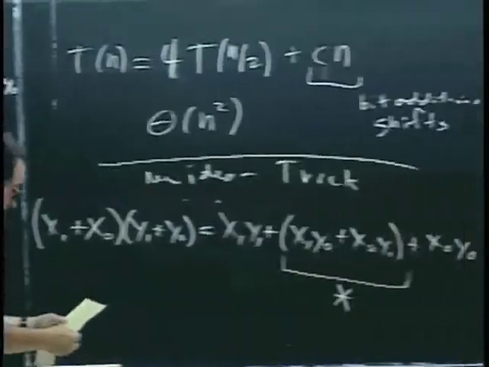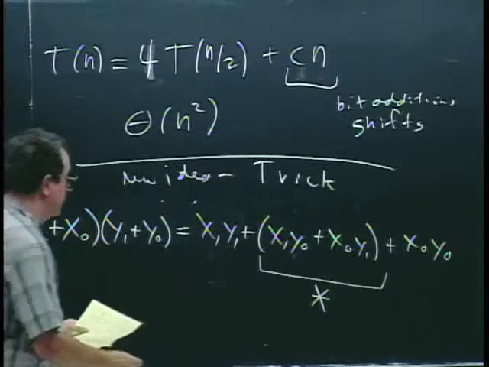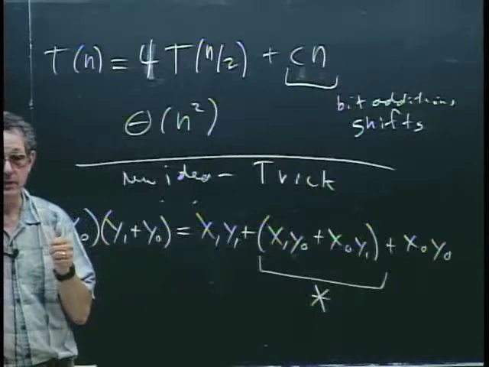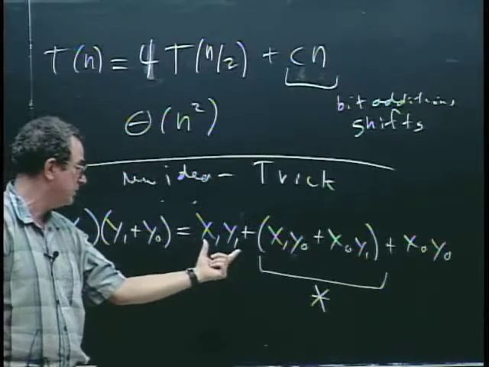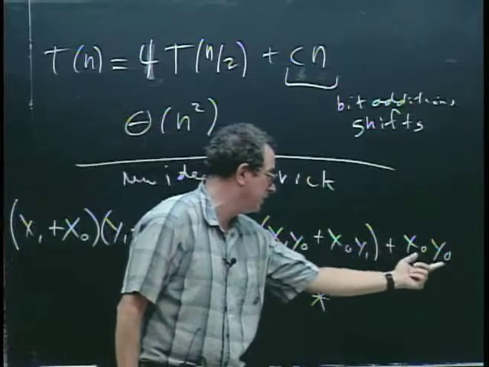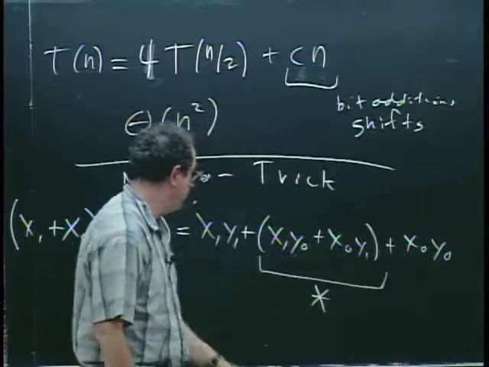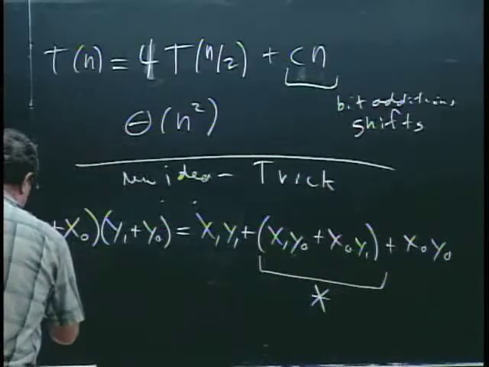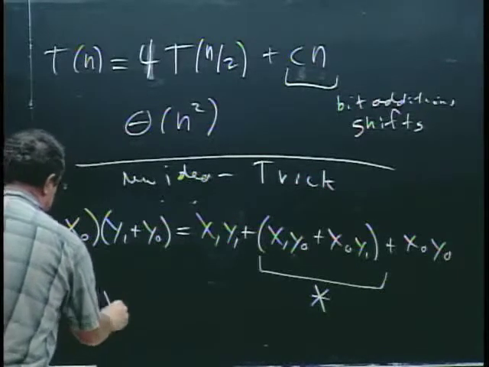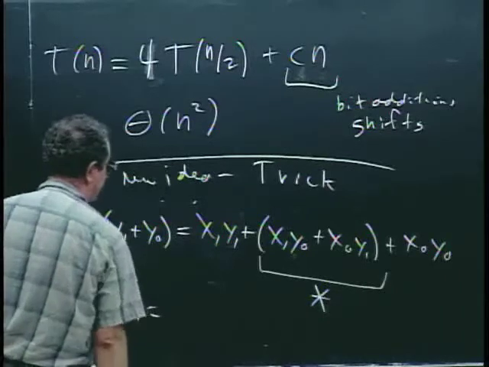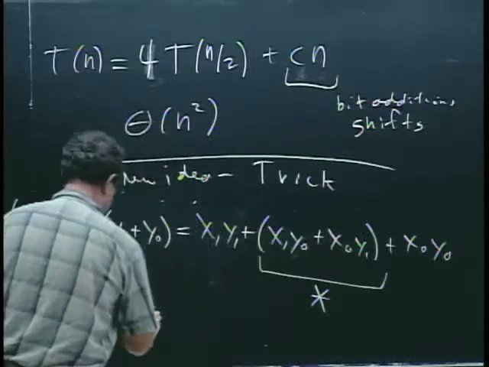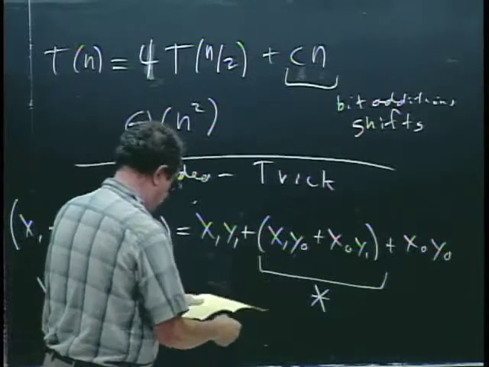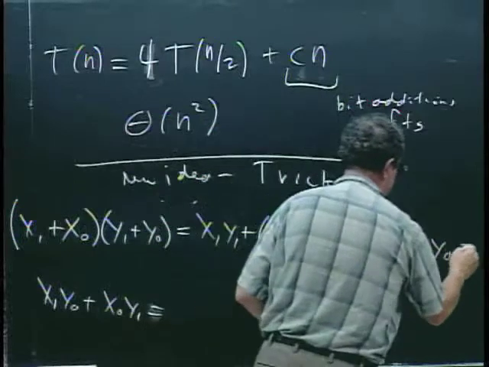So if I get the whole sum with one multiplication, and then let's say I get x1 times y1 somehow, and I get x0, y0, how do I get this? x1, y0 plus x0, y1 is equal to this whole sum, let me give this a name, p.